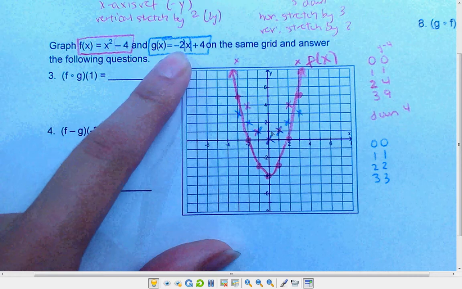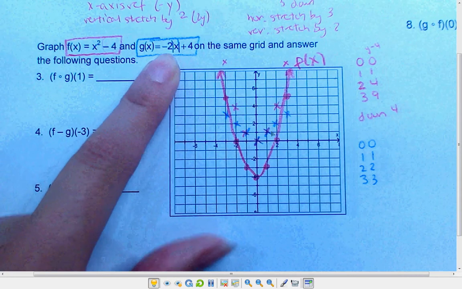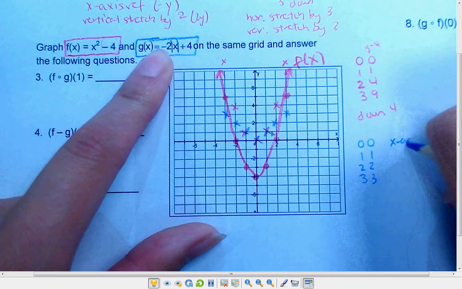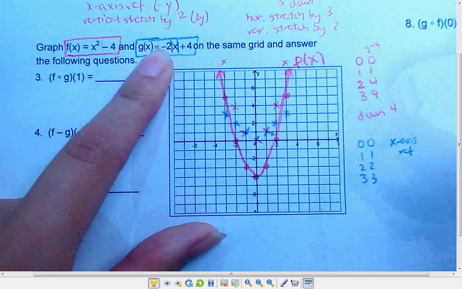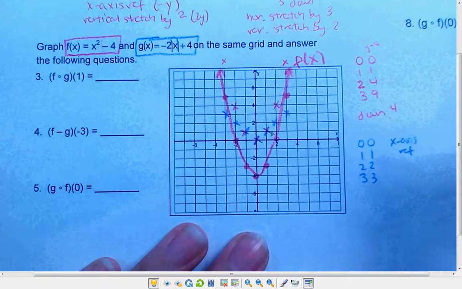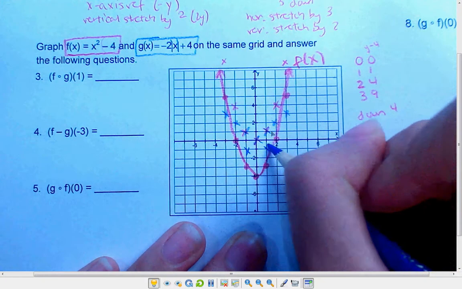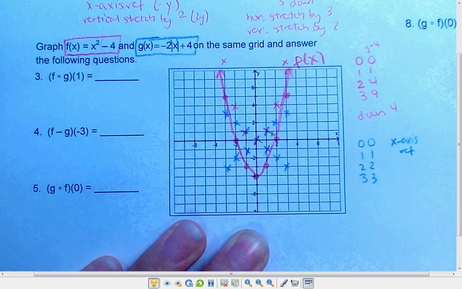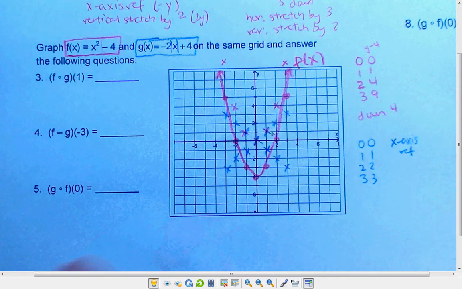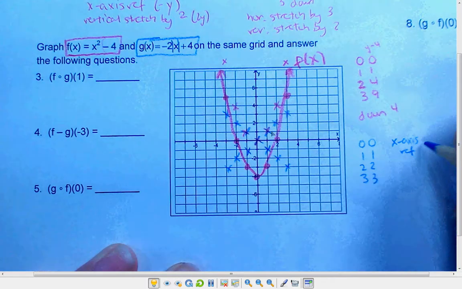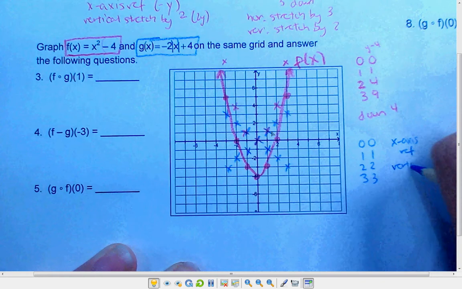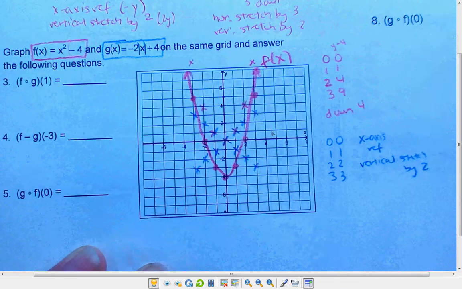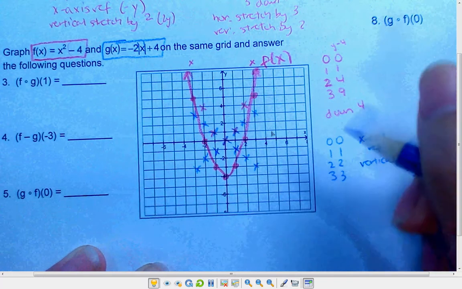Now there's a couple of different things that are happening to this function. There's a negative on the outside, which means it's an x-axis reflection, which means I'm going to be flipping it across the x-axis. So now it's going to be a v pointing downward. It's also being multiplied by 2 on the outside, which means it's a vertical stretch by 2. A vertical stretch by 2 means I'm multiplying all my y's by 2.